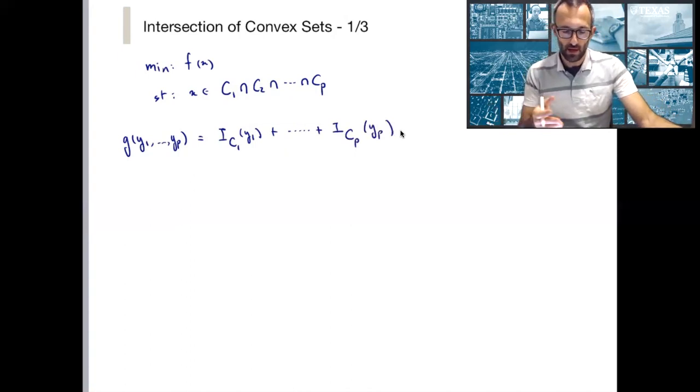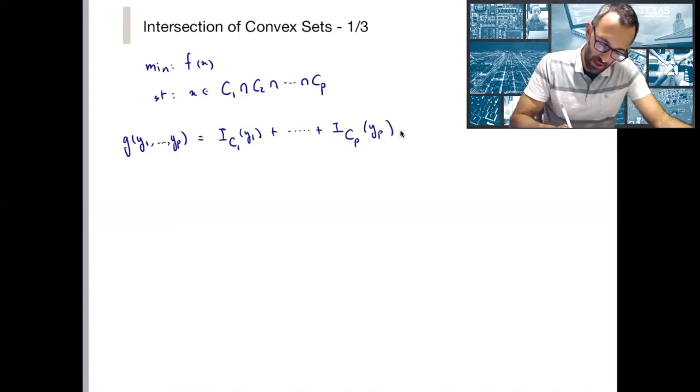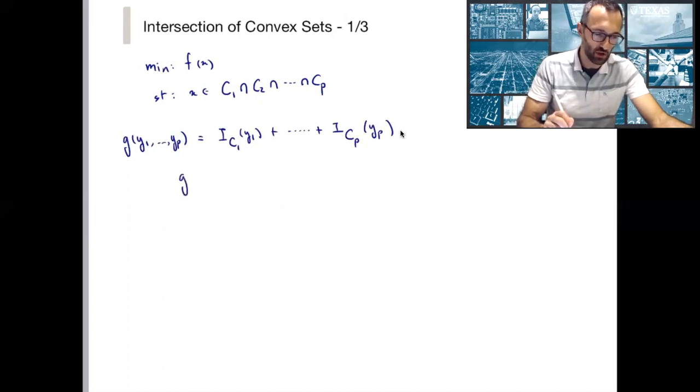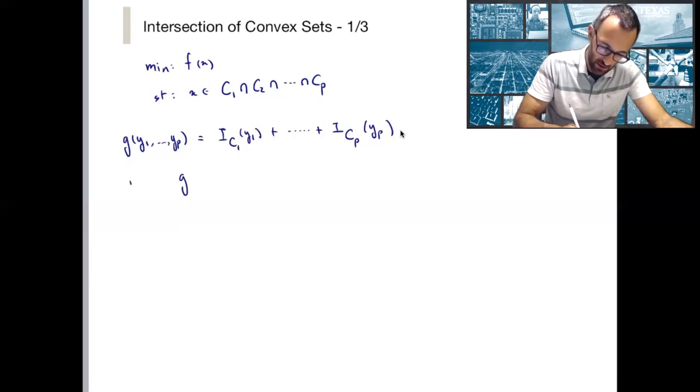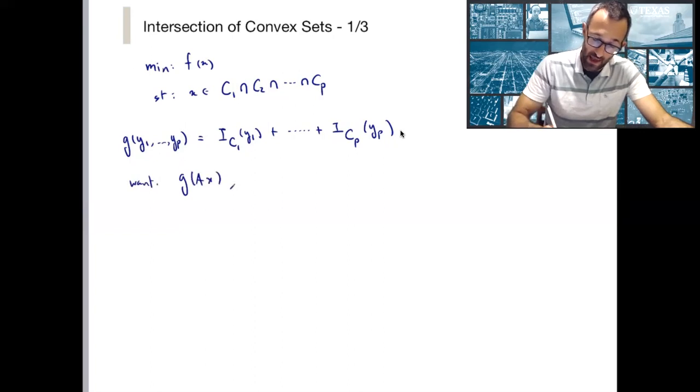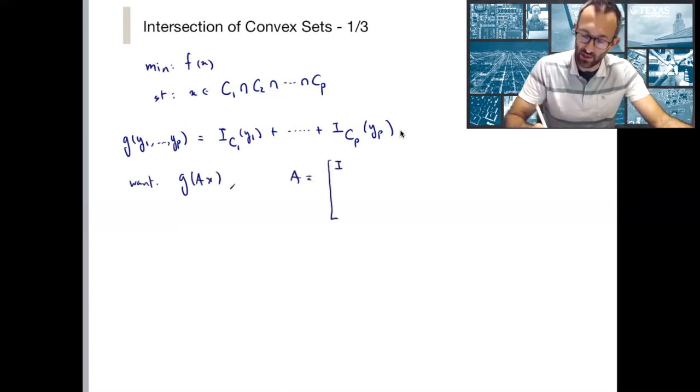And if I want to write g as a function of a single variable, like g of Ax, recall I want g of Ax. So what's A going to be here? A is just going to be copies of the identity. I'll write Id just to make sure we're not confusing this with the indicator function.